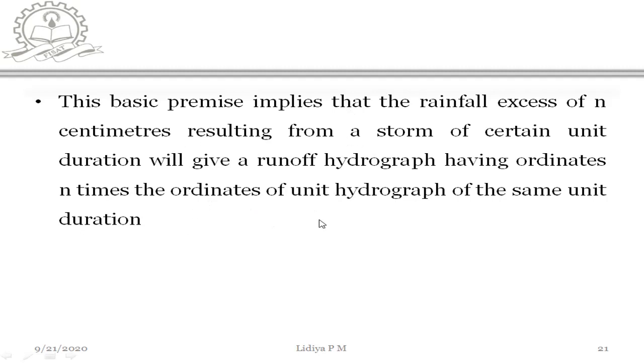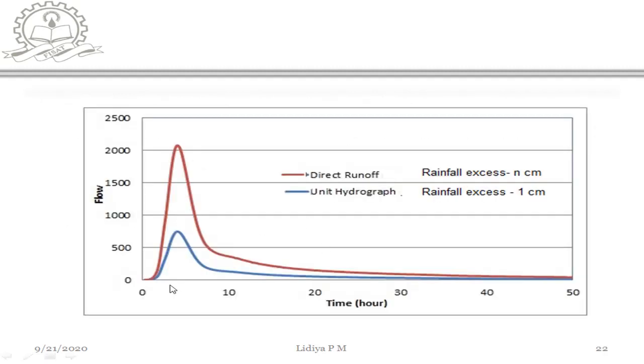I will explain this with a figure. Consider the red line represents the direct runoff of a drainage basin, and this blue line represents the unit hydrograph. Okay, and consider the rainfall excess, that is the runoff, is n centimeter if you consider the direct runoff hydrograph, and if you consider unit hydrograph, the rainfall excess will be 1 centimeter.